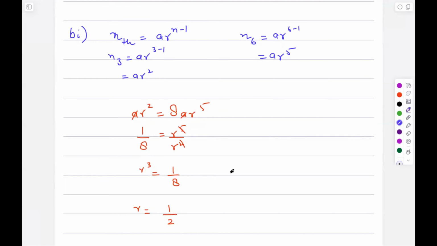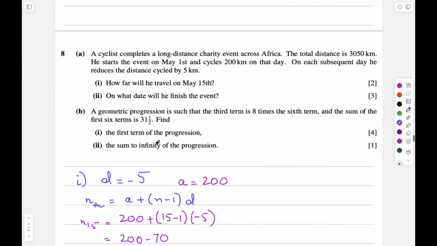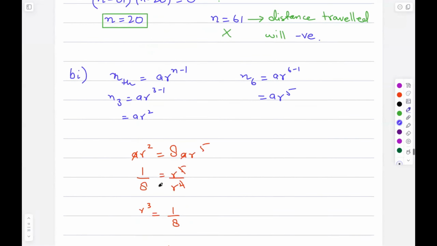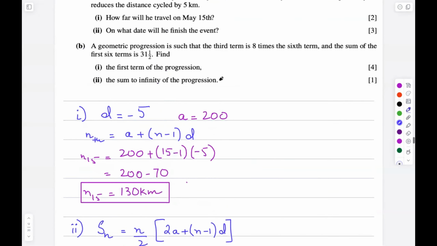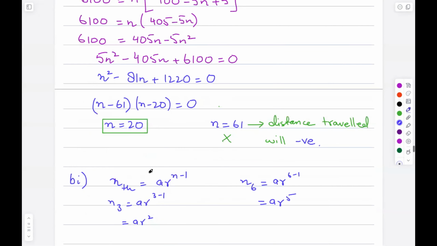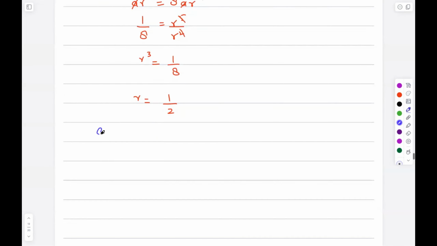Once we have the value of r, in part 1, we had to find the first term. So to find the value of a, it says that the sum of the first 6 terms is 31.5. Now the sum formula for n terms of a geometric progression is given by a into 1 minus r to the power n upon 1 minus r.